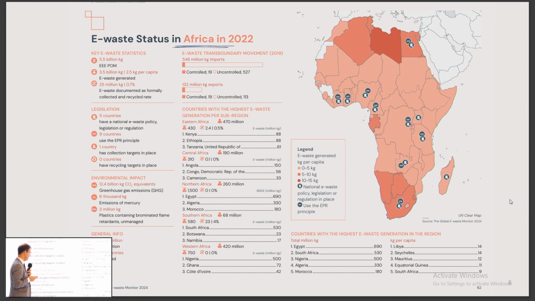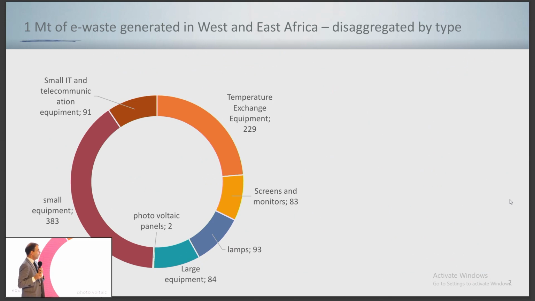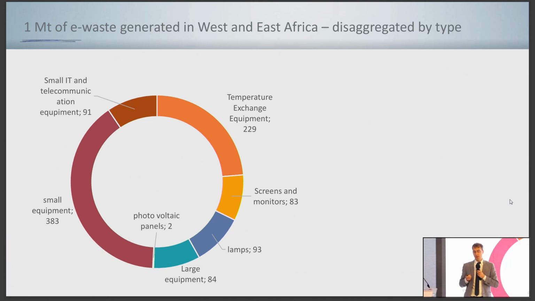You can find it in the monitor. Although I would like to highlight a couple of numbers about Africa, and zooming into West and East Africa, which they have asked me to do.